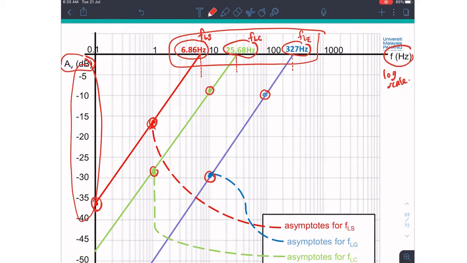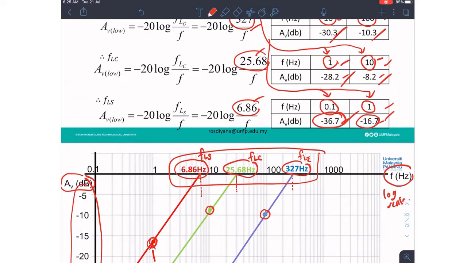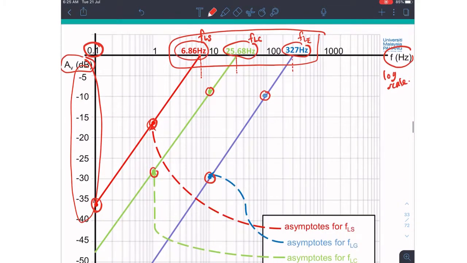It means that you plot this value, for example, for the 0.1 Hertz here, I get negative 36.7.